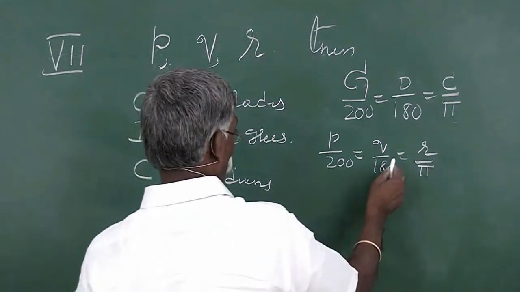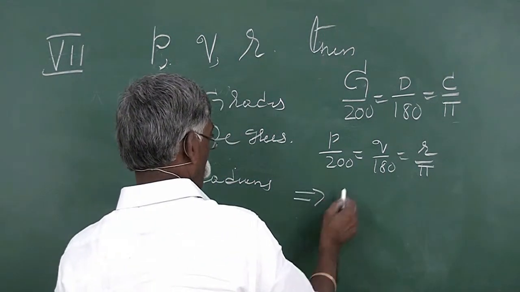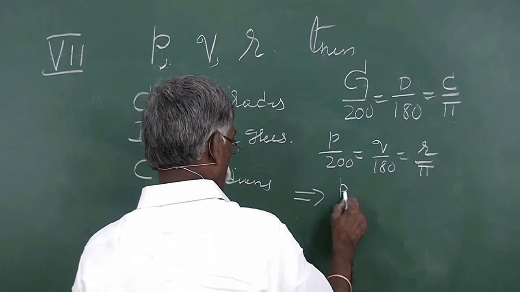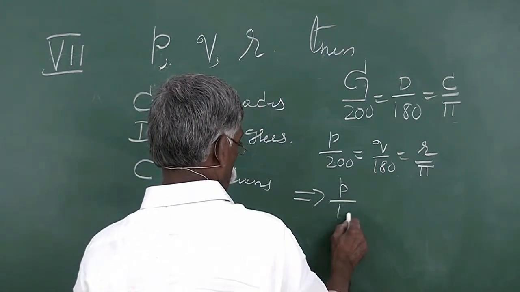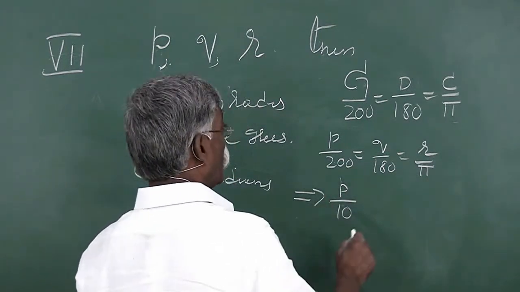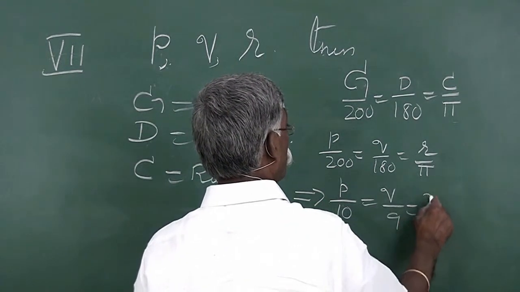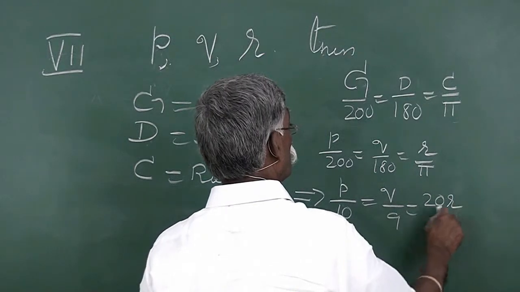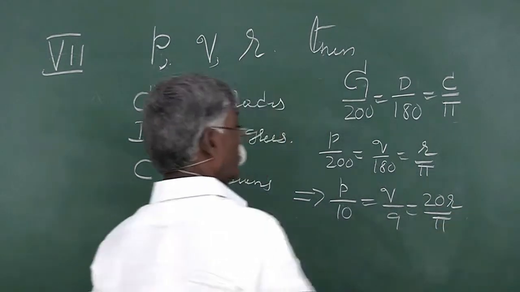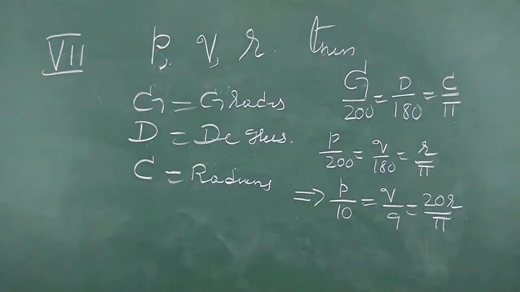If we multiply by 20, this becomes P by 10, and this becomes Q by 9, and this becomes 20R by pi. This is the first result which we are asked to prove.